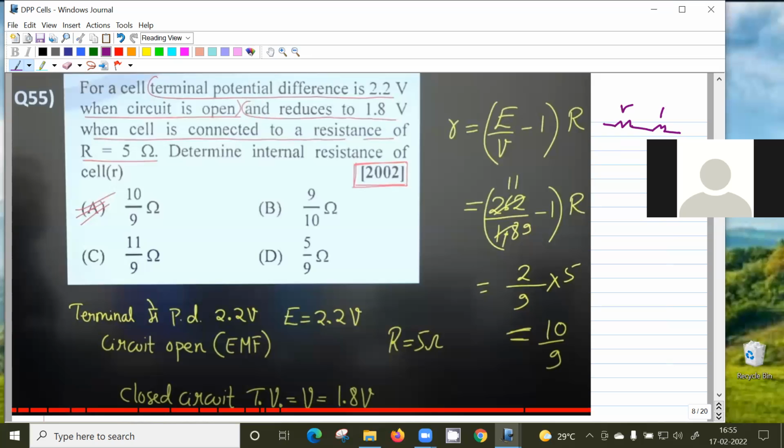See, if you have two resistors, small r and capital R, in series with a voltage of V, you know the potential drop across capital R, right? How can you find it out? It will be R divided by r plus R, into the total voltage. This is a standard result.